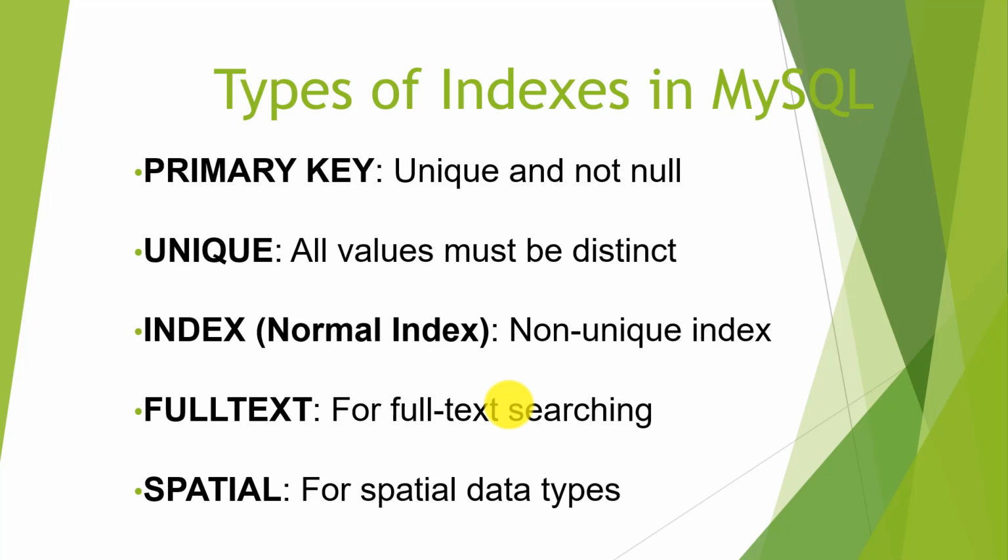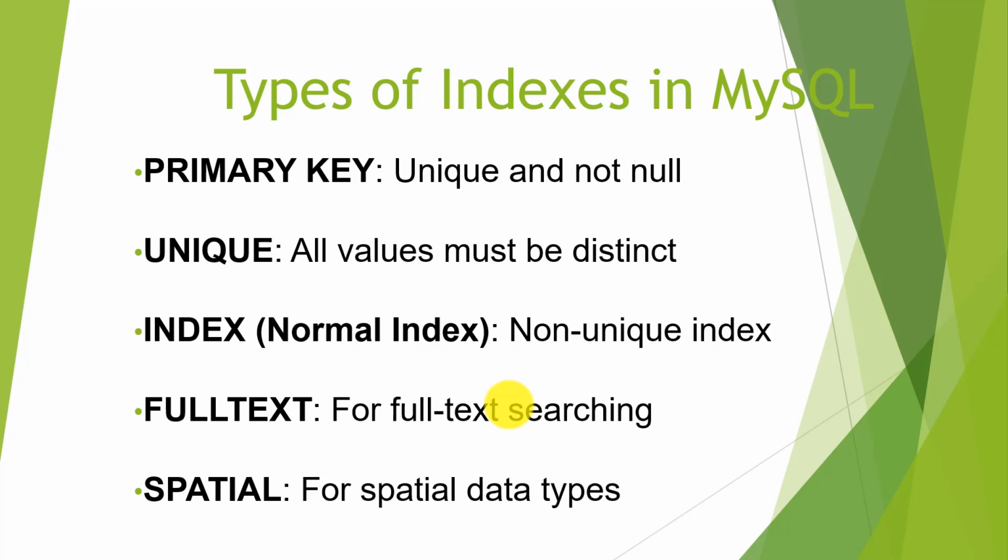But in a database we make one unique attribute the primary key. For example, a table contains the data of a student. The student has a student ID, a mobile number, and a CNIC number.